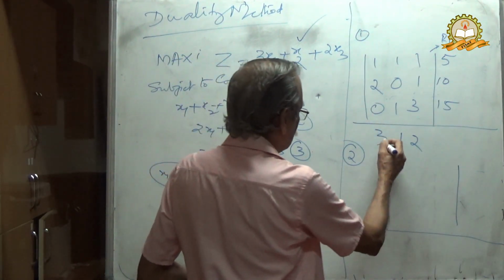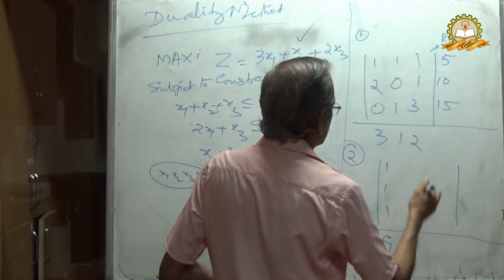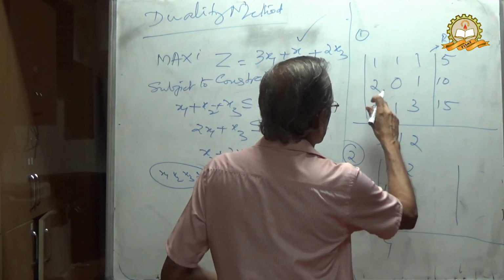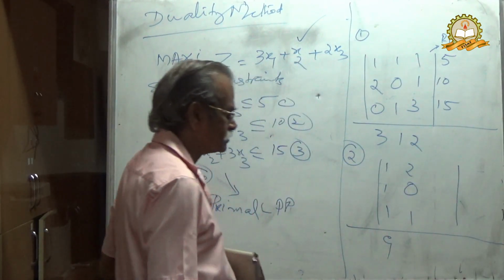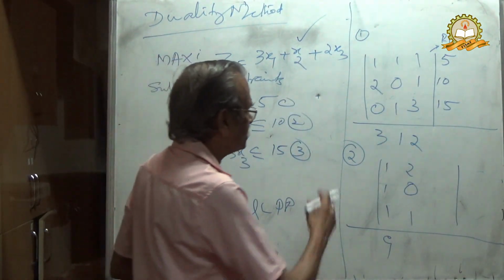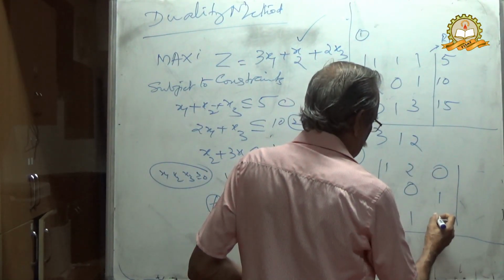The second row 2, 0, 1 becomes column 2, 0, 1. The third row 0, 1, 3 becomes column 0, 1, 3.